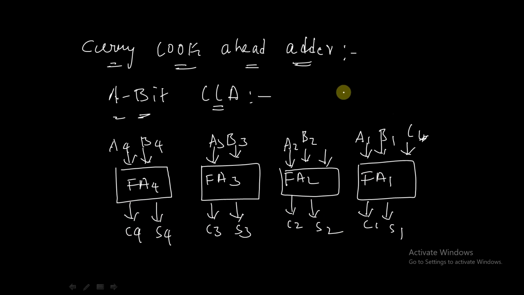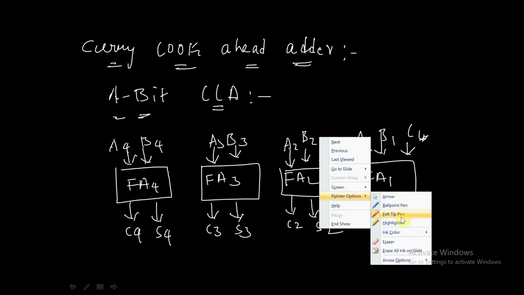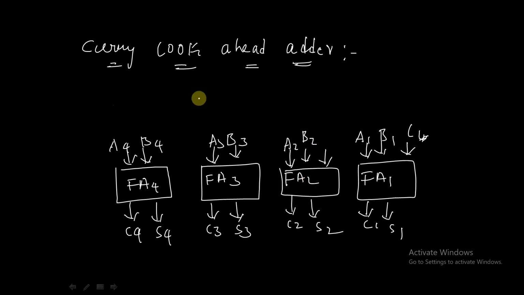Here in the case of this 4-bit CLA, for generating my carry, there will be 3 combinational circuits.